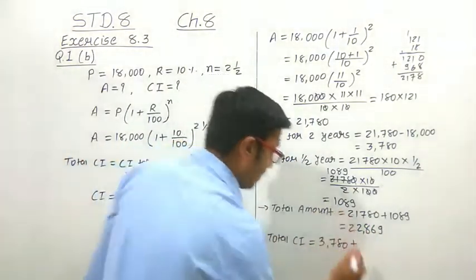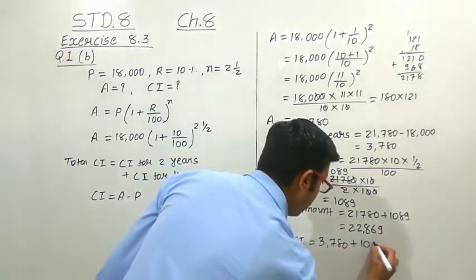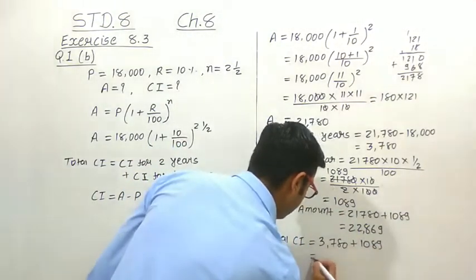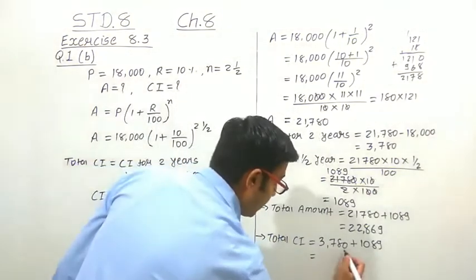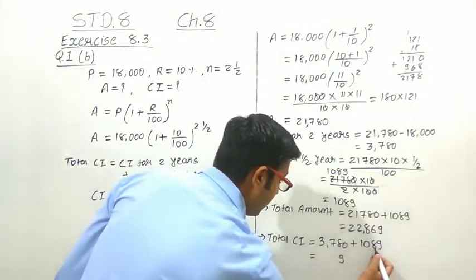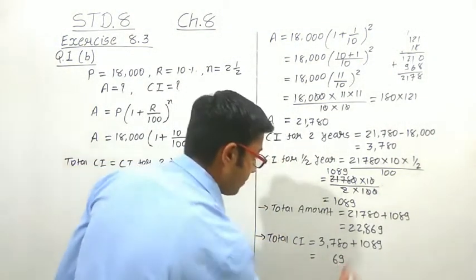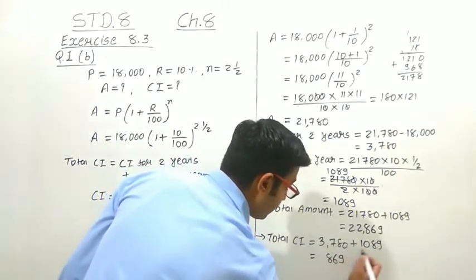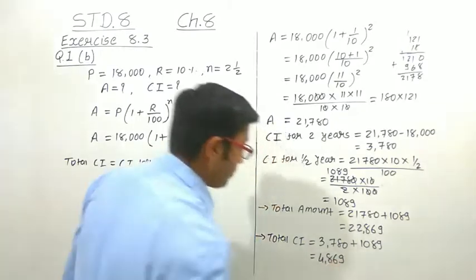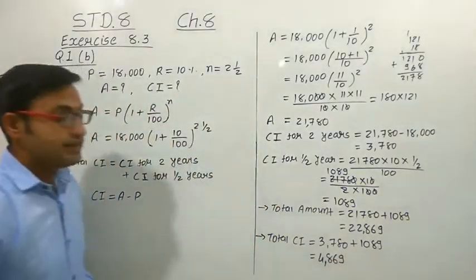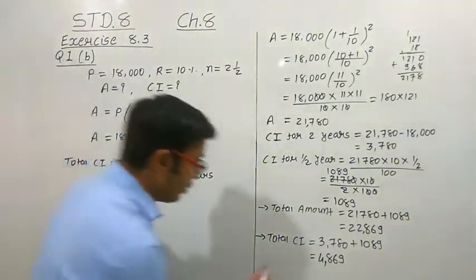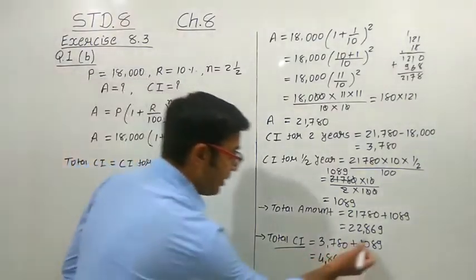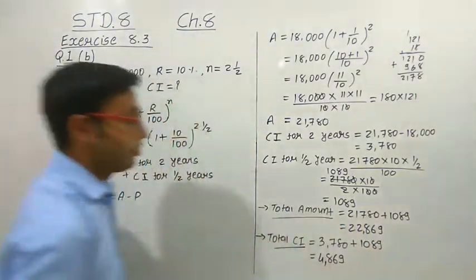For the half year we are getting here 1,089. So let us add it. We get 9 plus 0, 9, 8 plus 8, 16, 1 is the carry, 8 and 3. 3 plus 1, 4. 4,869. That is the total compound interest and this is the total amount.